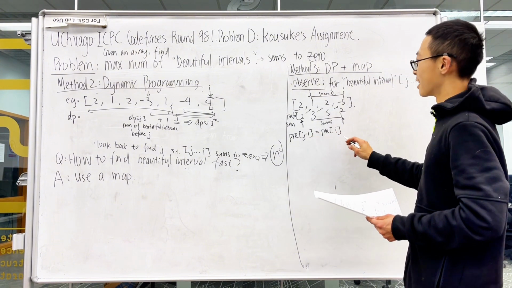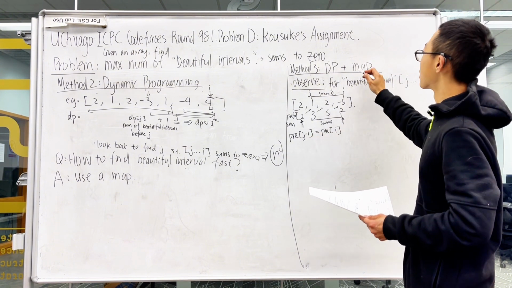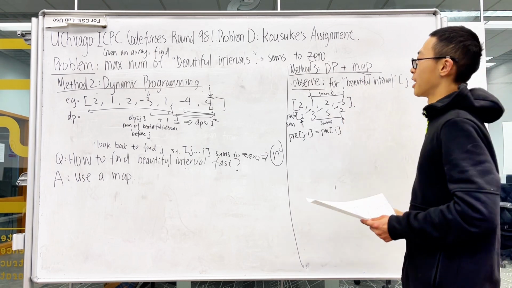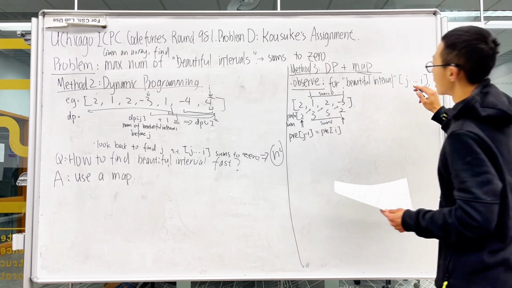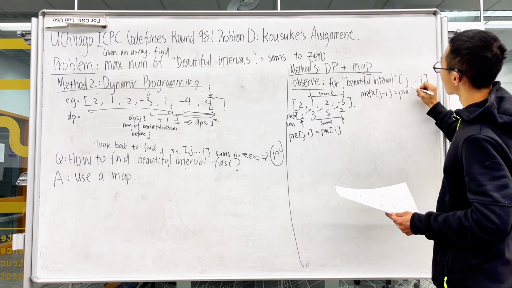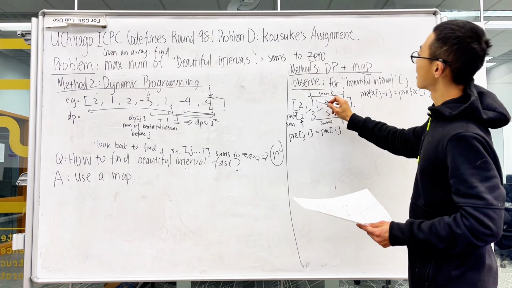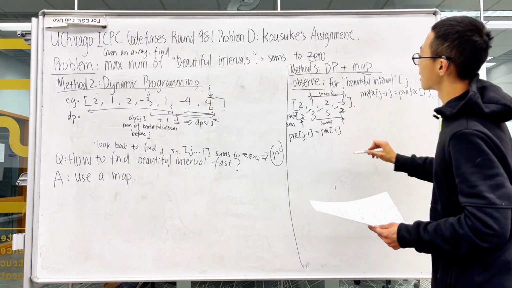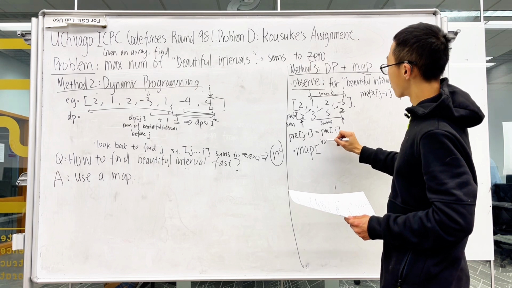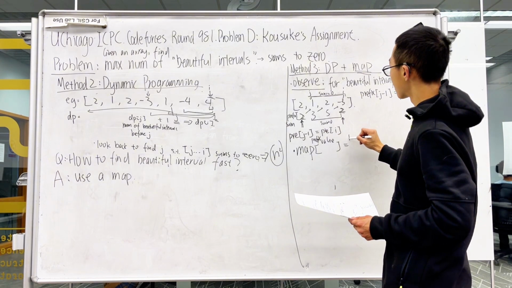Having this observation, we can create a method using a map to find the beautiful interval in O(1). So observe for beautiful interval j to i, prefix[j-1] is equal to prefix[i]. Here, for this beautiful interval, the 2 and 2 are the same. Therefore, let's keep a map with the prefix value mapping to the prefix index.